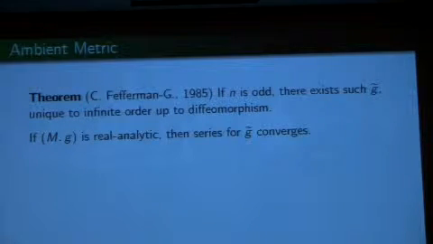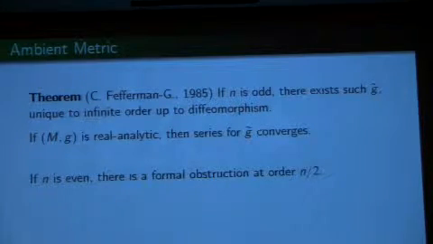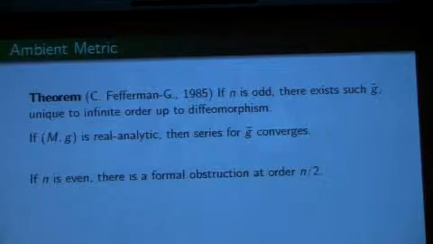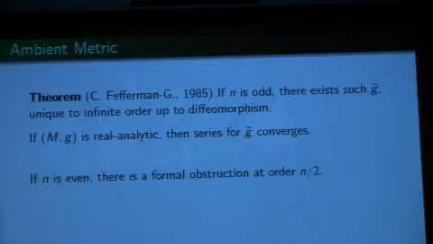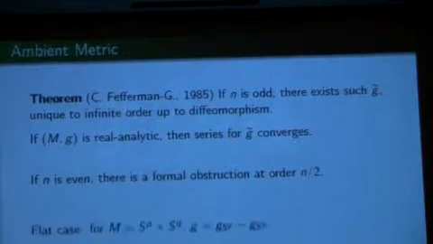And if the underlying manifold and conformal structure are real analytic, then the series converges, and you actually get a Ricci flat metric in some neighborhood around this initial surface. And if n is even, then there's a formal obstruction at order n over 2, so you can't continue this in general to higher orders with smooth formal power series. That's not going to be relevant for us because we're only going to be talking about odd dimensions here.